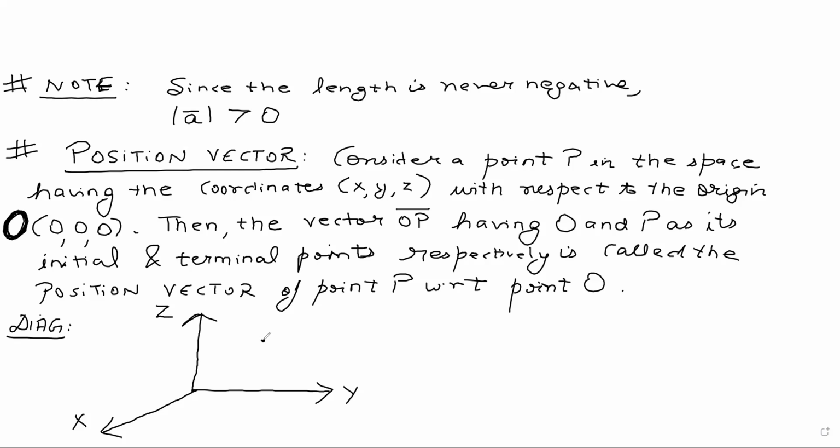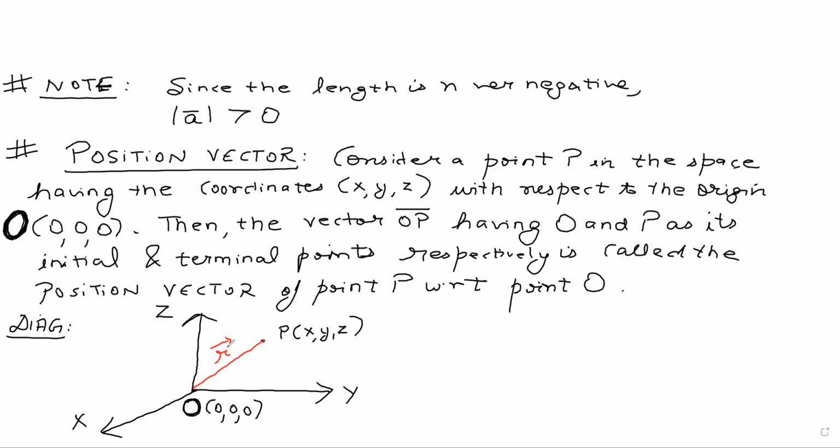Let us call this P of x, y, z. This is my origin. The coordinates of the origin are 0, 0, 0. Now see, I am drawing a vector, in red so that it's easy for you to distinguish. You can see that I am drawing a vector OP. Suppose we call this vector R.